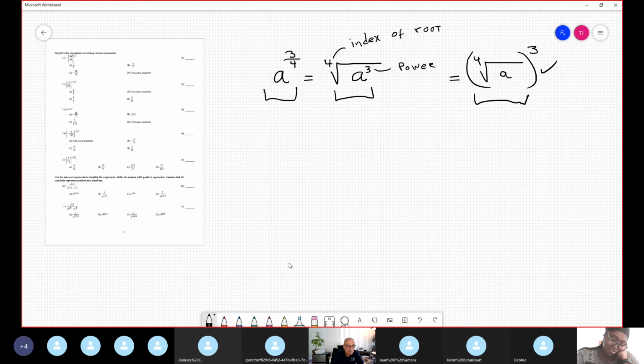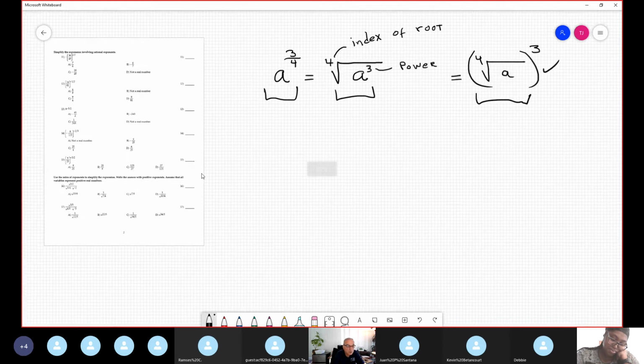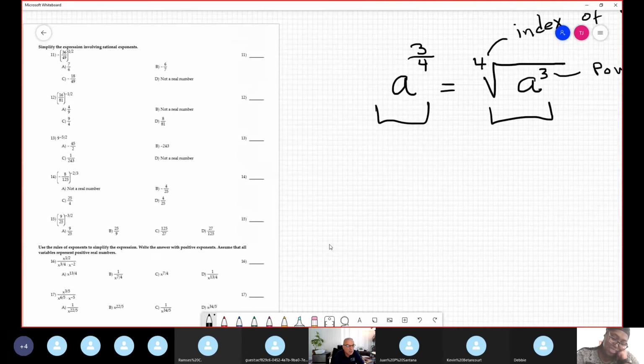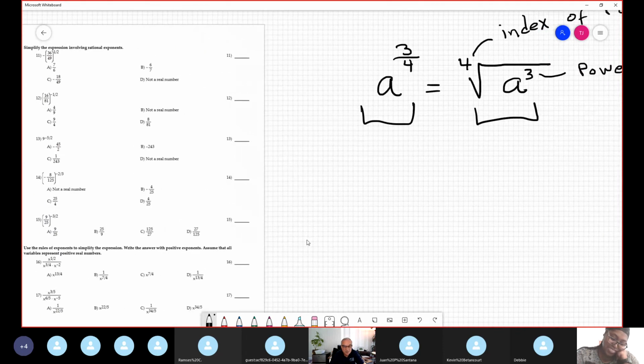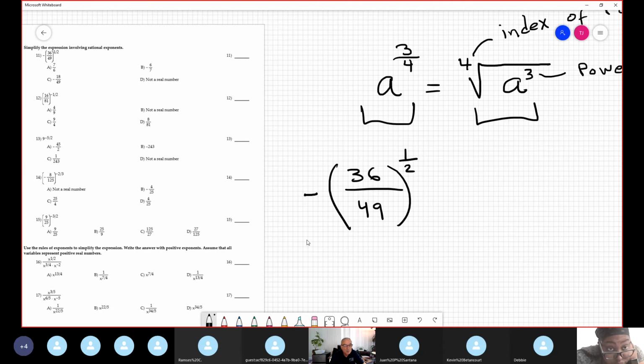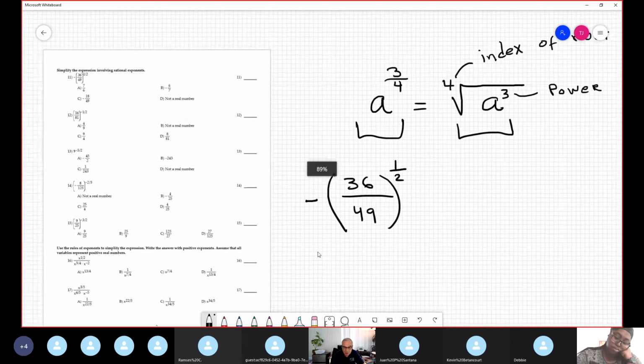Example 11 is a little bit weird, but combine everything. Is negative 36 over 49 raised to the half power. But positive half, no negative half, like 12. It's positive half. Okay.